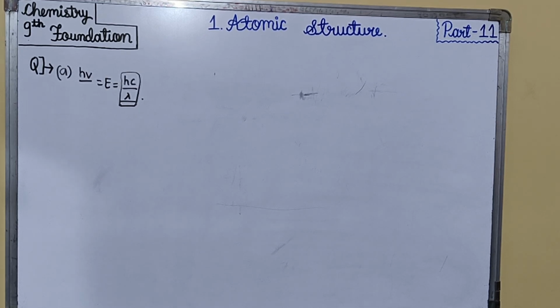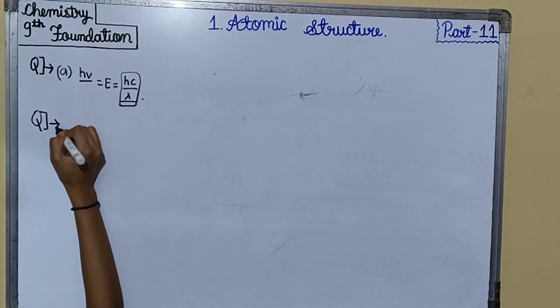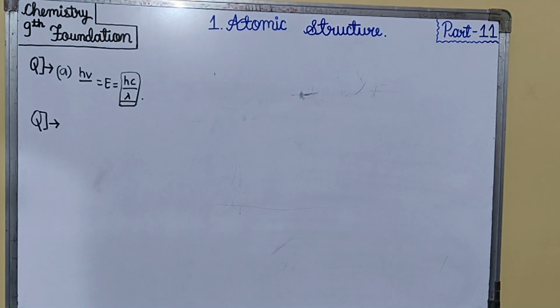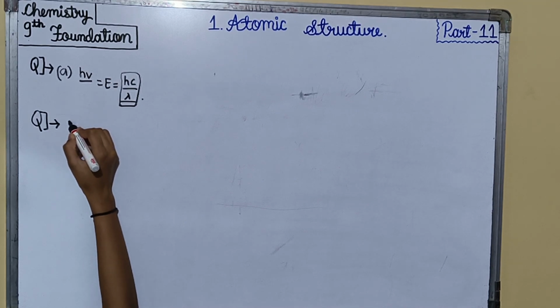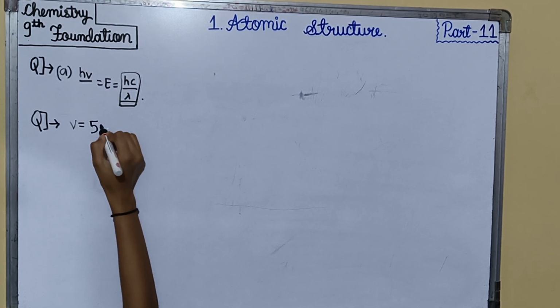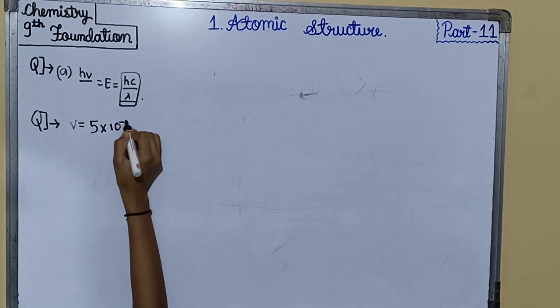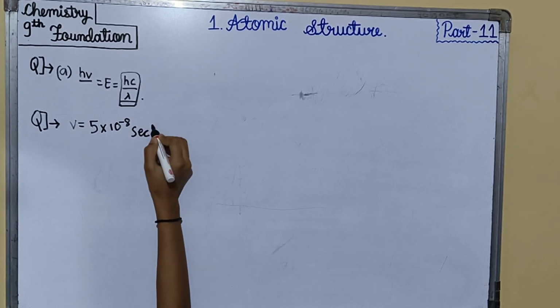Another question is, find the energy of a quantum whose frequency is v, that is 5 into 10 raised to minus 8 second raised to minus 1.